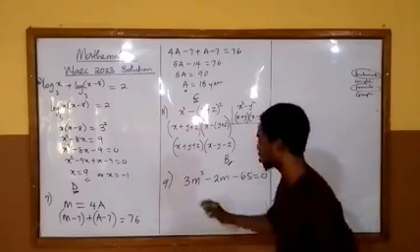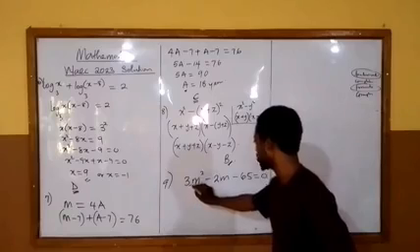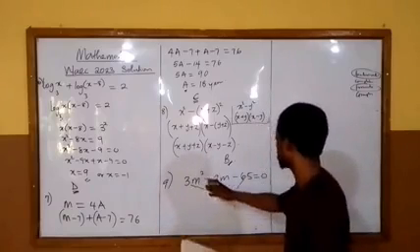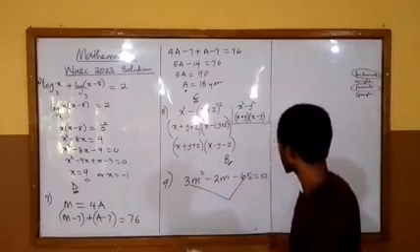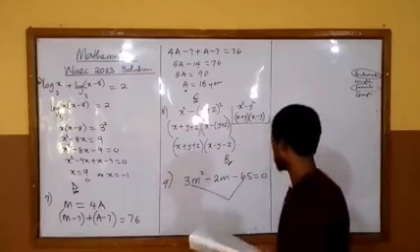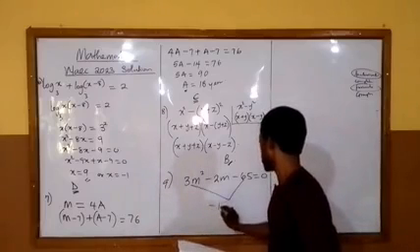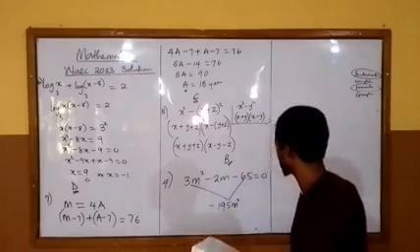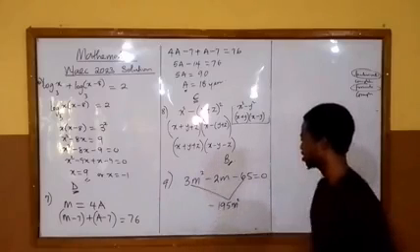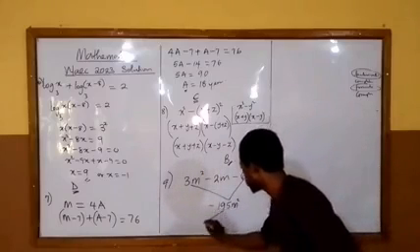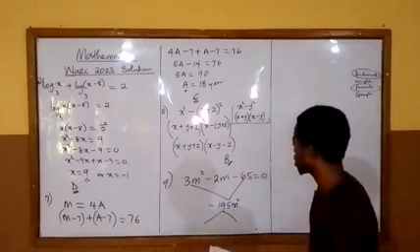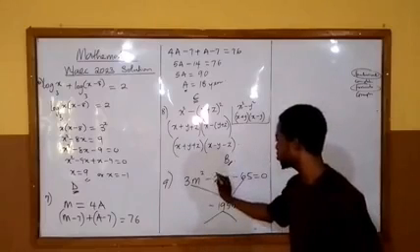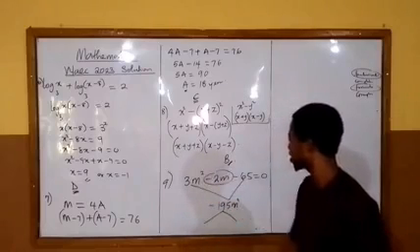The method you use to factorize this kind of question is you multiply the first and the last terms. When you multiply 3m squared times minus 65, that will give us minus 195m squared. The next step is to break this down into two factors such that the addition of the two factors will give us the number in the middle, minus 2.